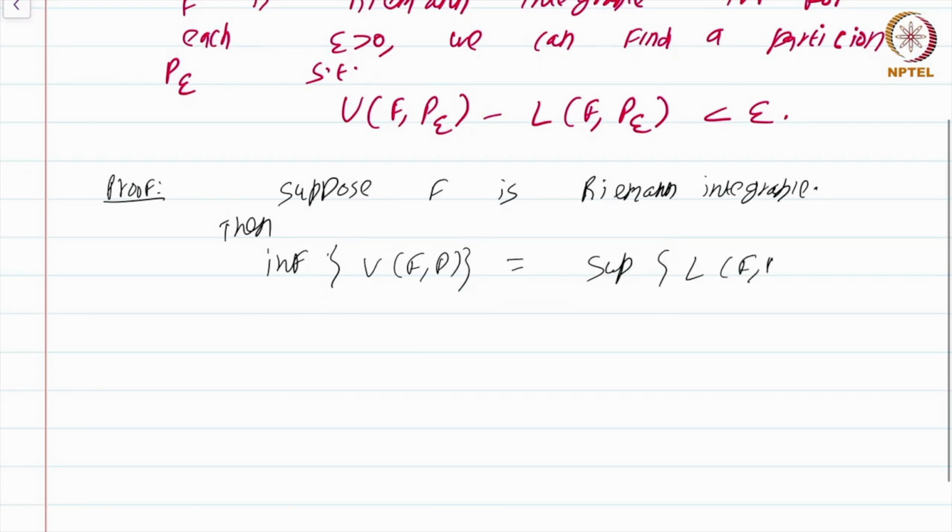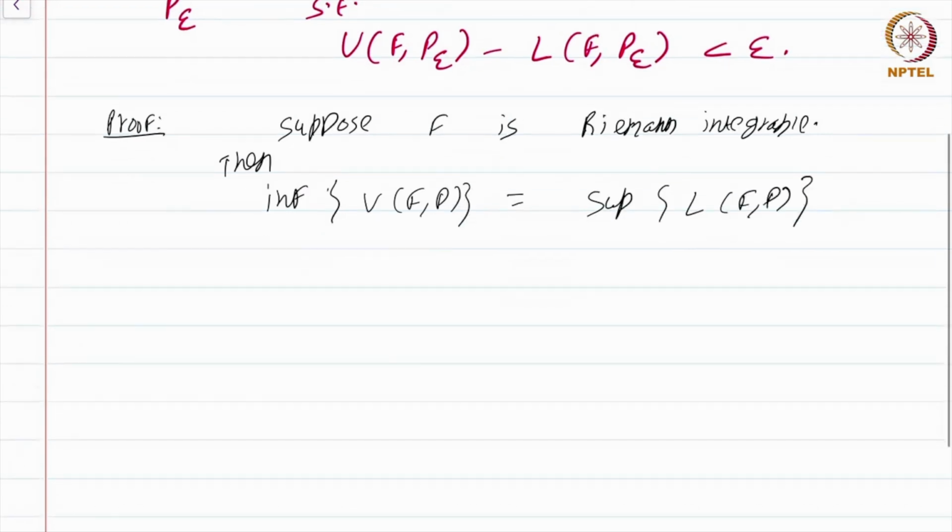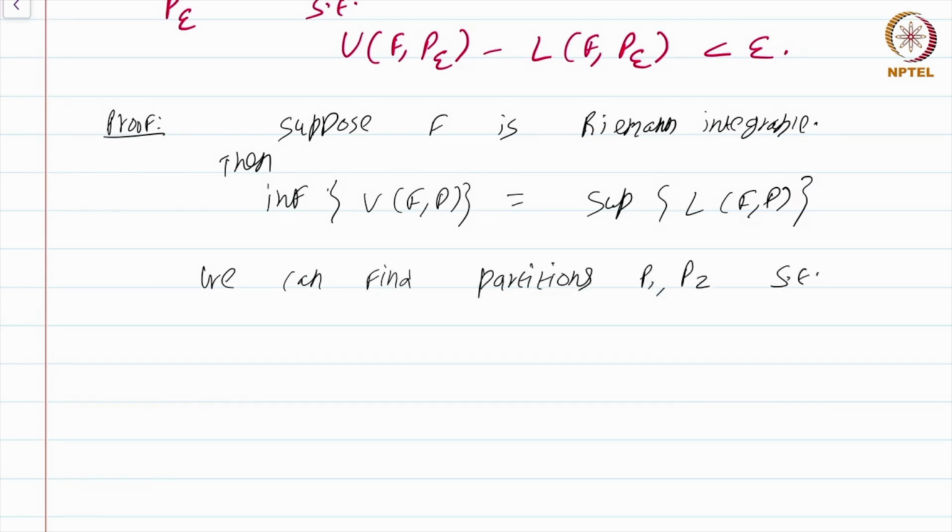That's the definition of a function being Riemann integrable, which just means that we can find partitions P1, P2 such that U(f, P1) minus L(f, P2) is less than epsilon.